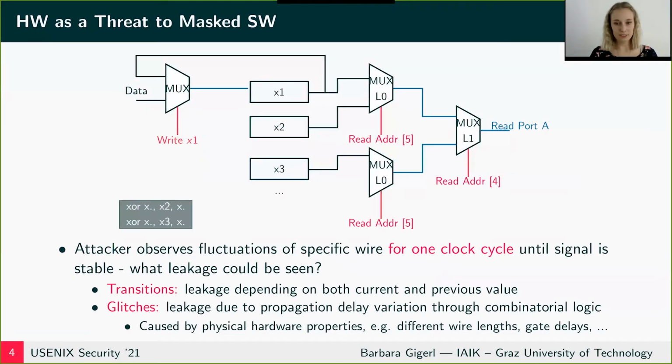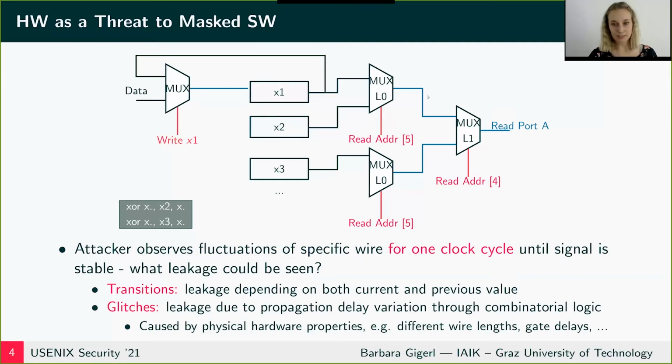For example, here we see the original Ibex register file, and assume we want to first read x2 and then x3. So in the first cycle, this multiplexer here will output x2, and also the final read port will output x2. The next cycle, we want to read x3.